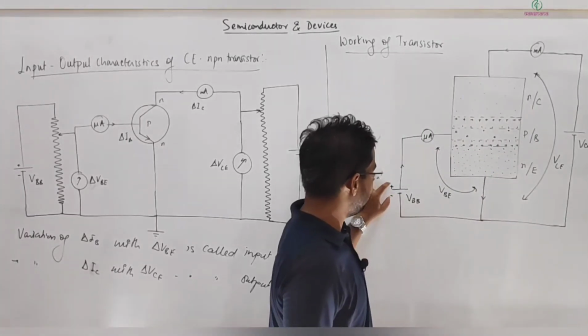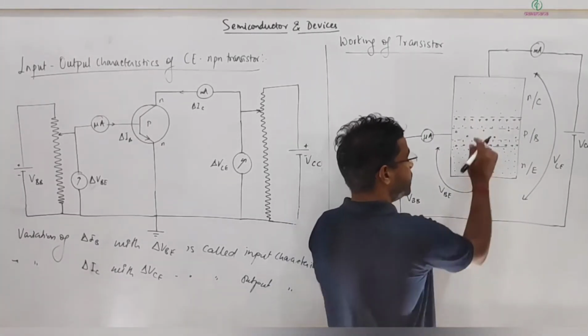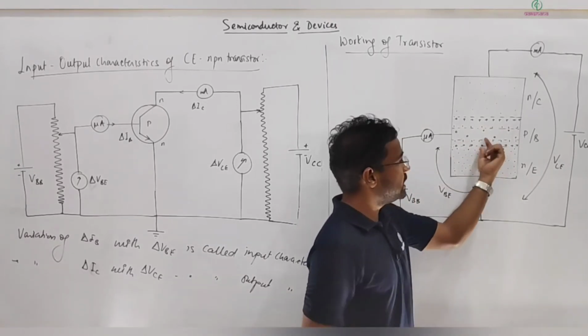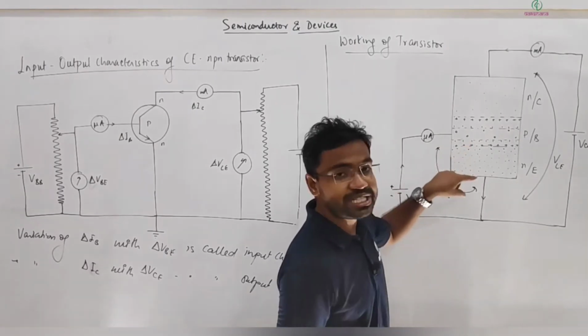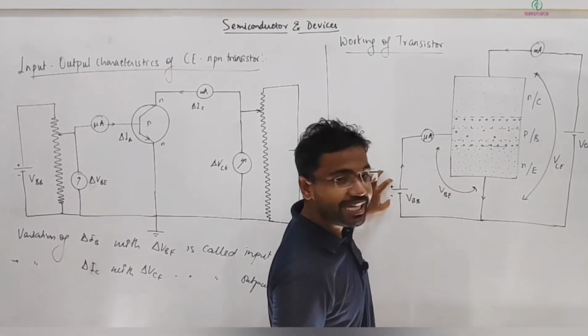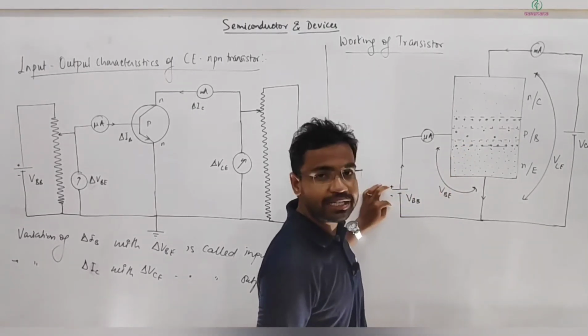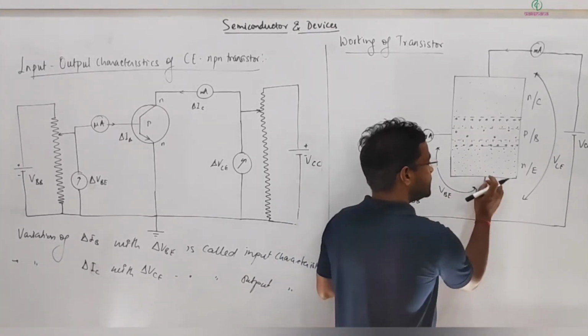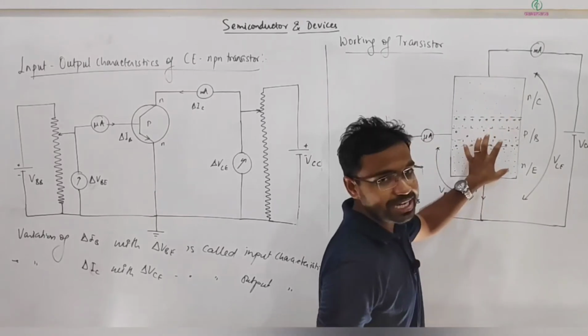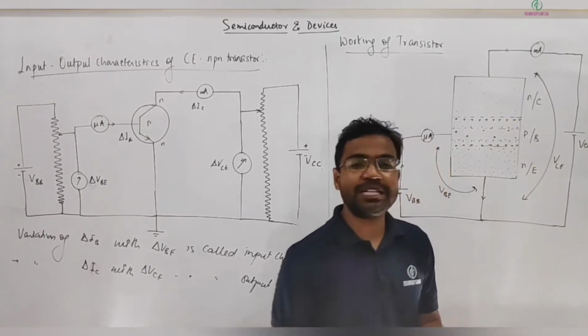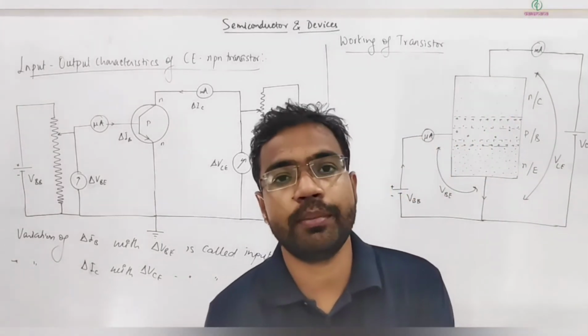Now when we apply this battery, it will try to push the electrons, and the resistance that they were experiencing because of this potential drop will be countered by this battery. So the electrons feel a push and are pushed towards the base side, but the base has a limitation: it doesn't have a large number of holes.